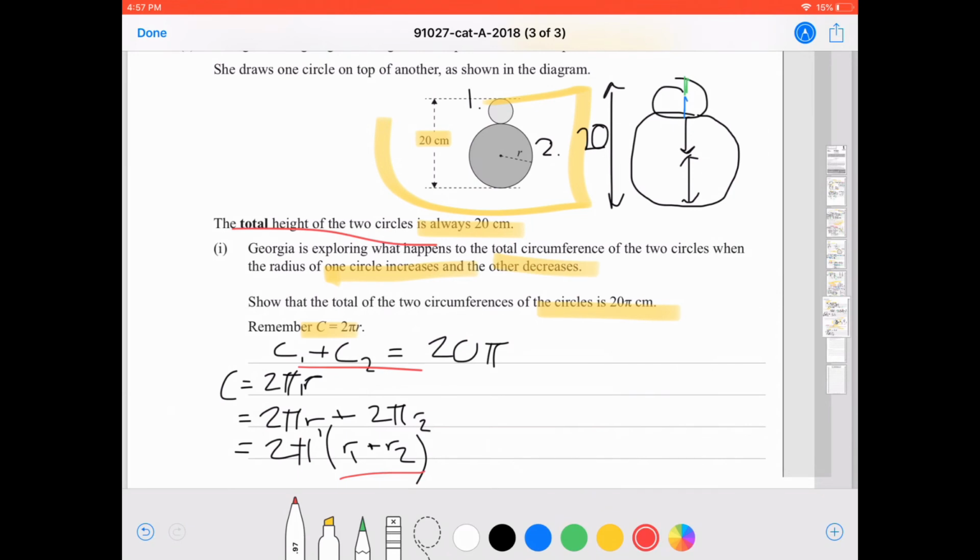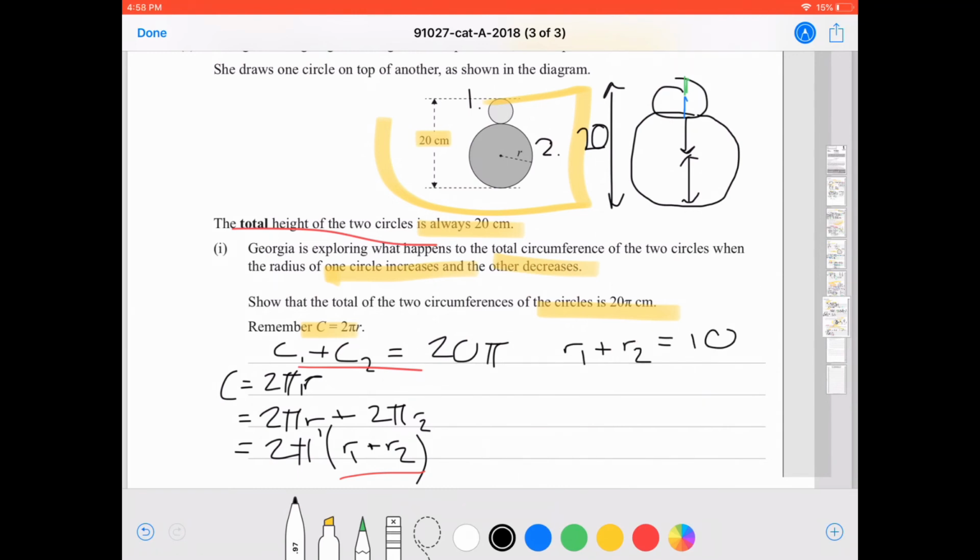Now r1 plus r2, forgetting our little diagram, because keeping in mind that the 2 circles are increasing and decreasing respectively, right? So we don't actually know in terms of scale how big or small they are at any one time. But r1 plus r2 must equal not 20, but it equals 10.